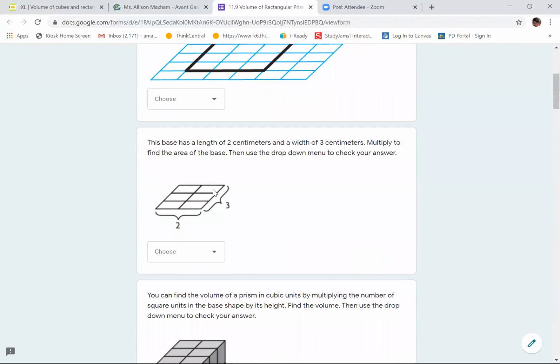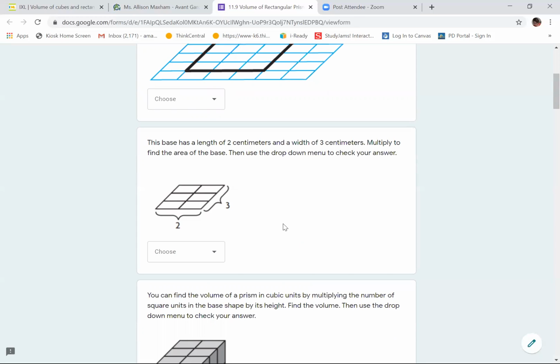Now look at this one. This base has a length of 2 centimeters. Here's my length. And a width of 3 centimeters. Here it is. Multiply to find the area of the base. Then use the drop-down menu to check your answer. Well, you guys have that answer already, don't you? No, it's not 6.